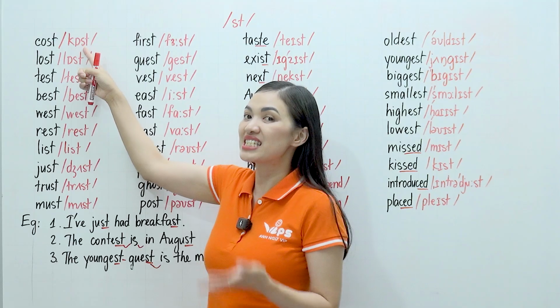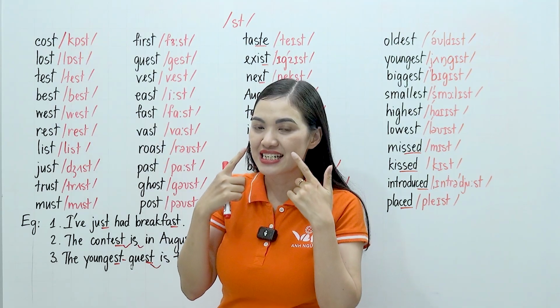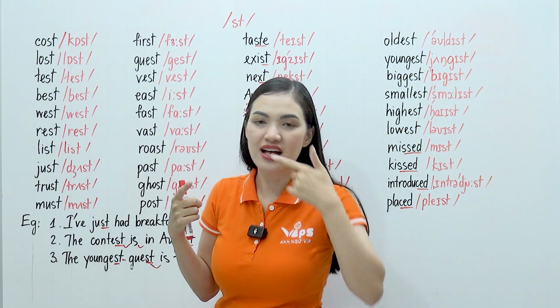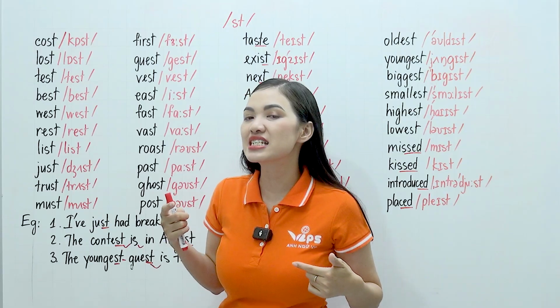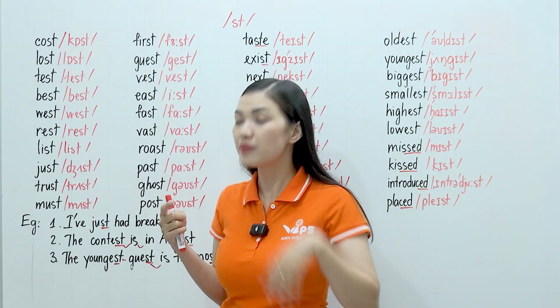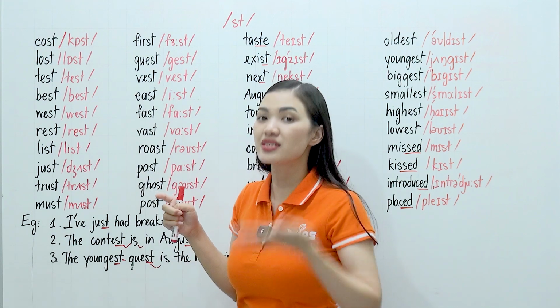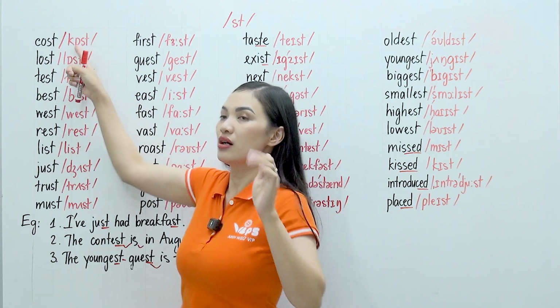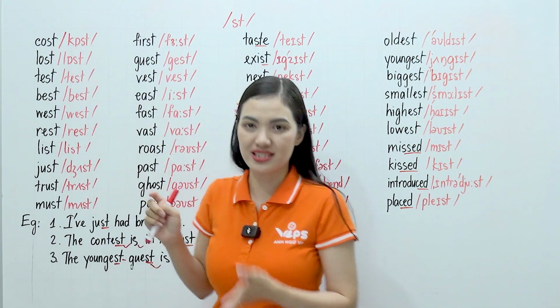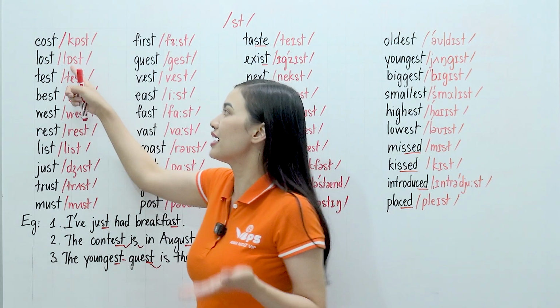So, this is two teeth together, t, t, t. Okay? So, quickly. So we have cost, okay?